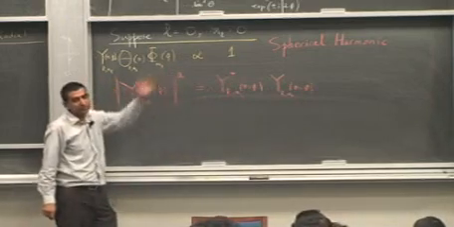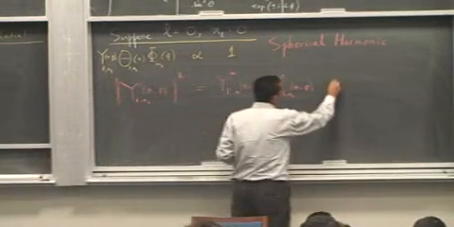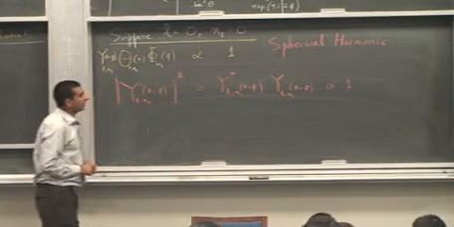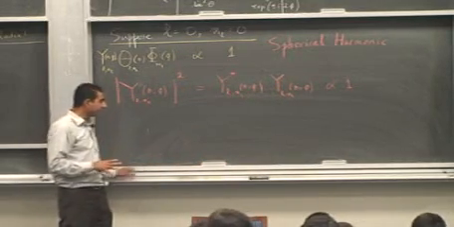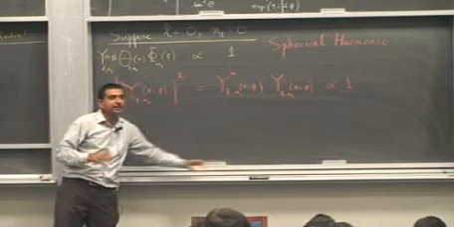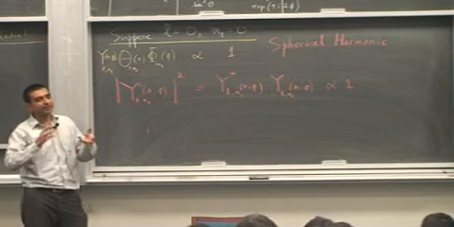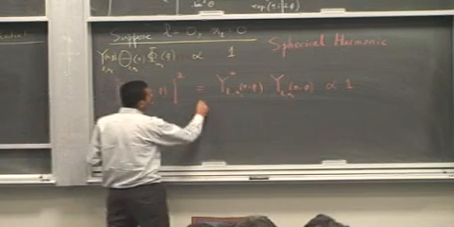So this is just the square of 1, proportional to 1. Now I want to plot this probability density. So I make a special kind of diagram which is called a polar diagram.